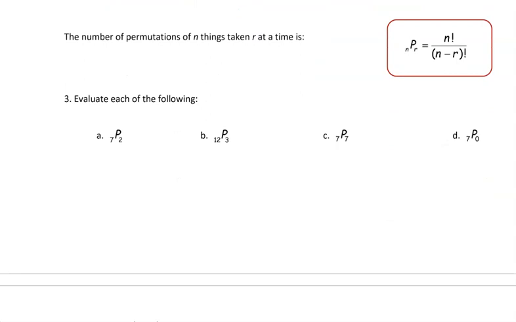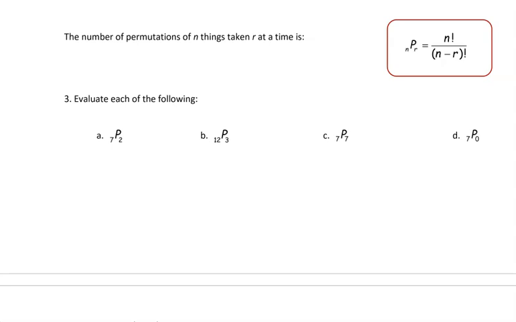That is where the full permutation formula comes in. So the number of permutations of n things taken r at a time is n factorial over n minus r factorial.